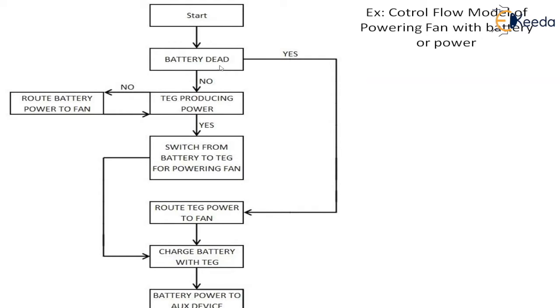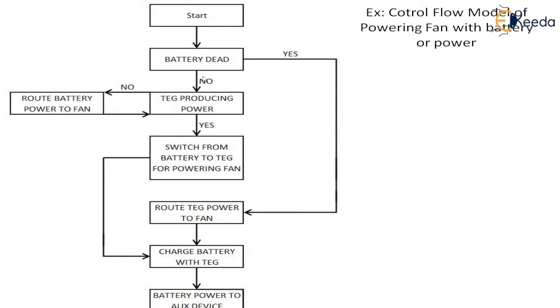So it is starting, it is looking for battery dead. If it is yes, then it comes here. It has to put on the power, so it has to route the TEG power to the fan. So the fan has to be put on the power and charge the battery, and battery power to auxiliary device.